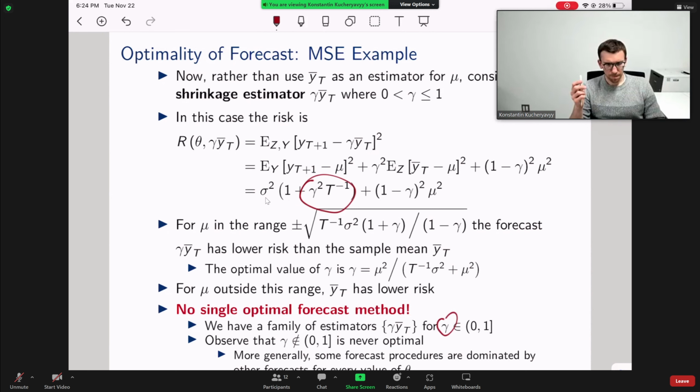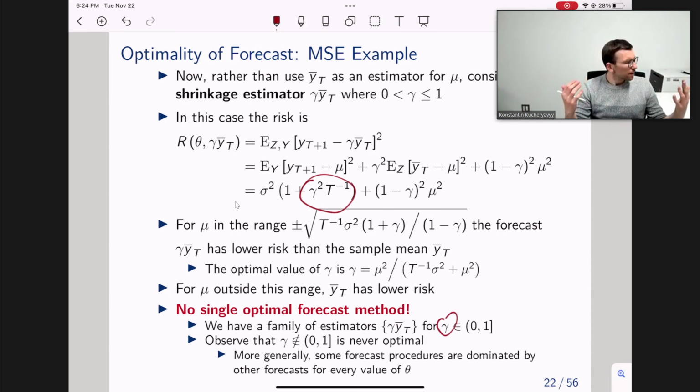For example, you start losing an idea of what happens to your forecast as the sample size gets larger, like you lose some kind of notion of consistency or unbiasedness.